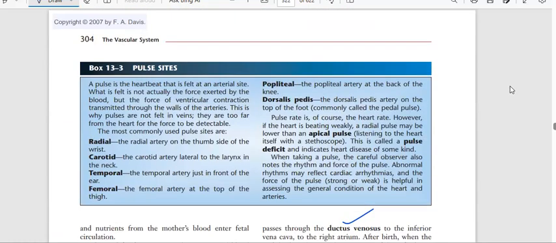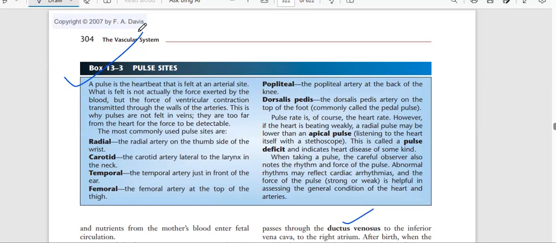Now we have important areas where we have to check the pulse. One is the radial pulse, which I told you is very important. This is the wrist, and here we have the bone, on the pathway of the thumb, the carpals and metacarpals.